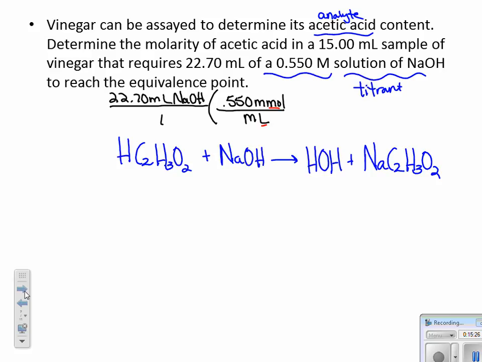We don't have to do anything to that number. We're just changing the unit as long as all of the units have a milli on it. So getting moles, we have 3 significant digits because of our concentration, 12.5 millimoles of our titrant sodium hydroxide.